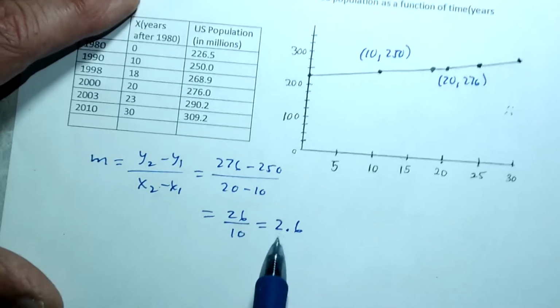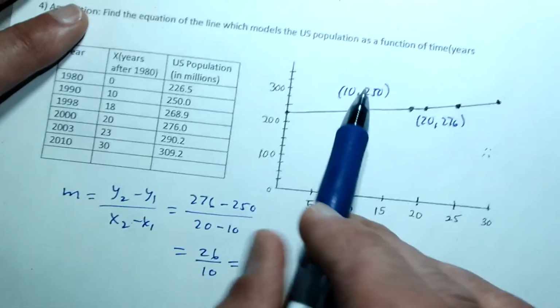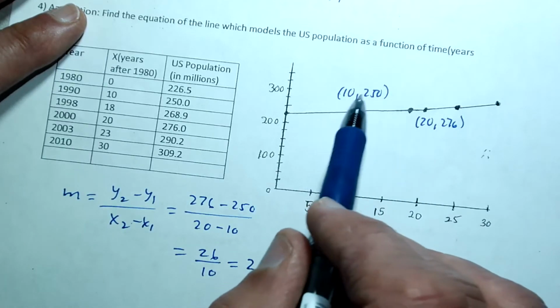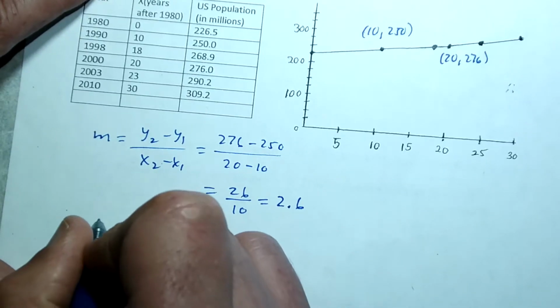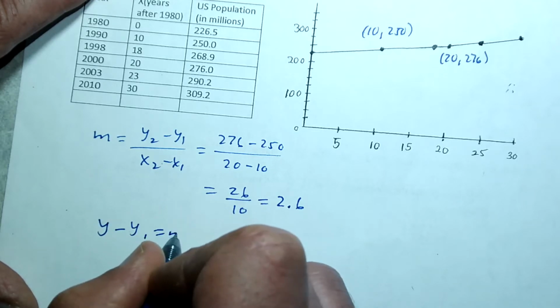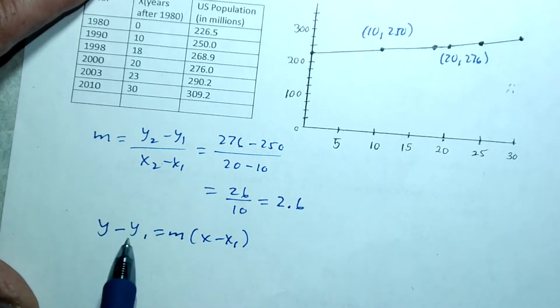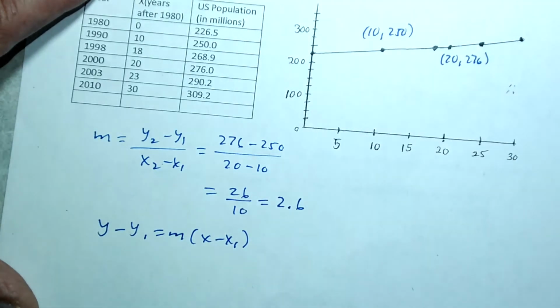So let's just go ahead and use this 2.6, and let's use either point. It doesn't matter which point I use. I'll use (10, 250), and I'm going to use that in my point-slope formula. Because to use the point-slope formula, I need a slope and a point, which I certainly have, right?